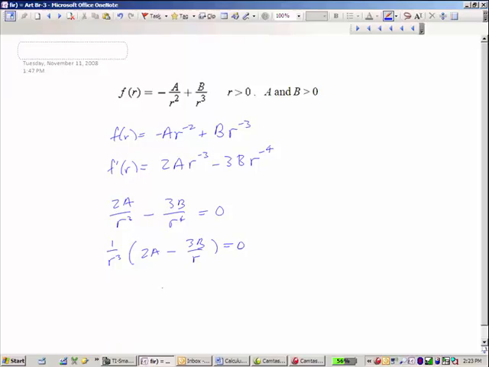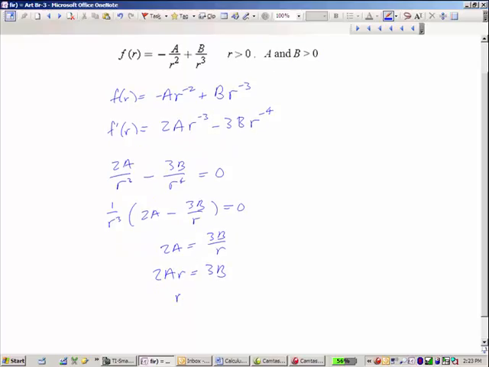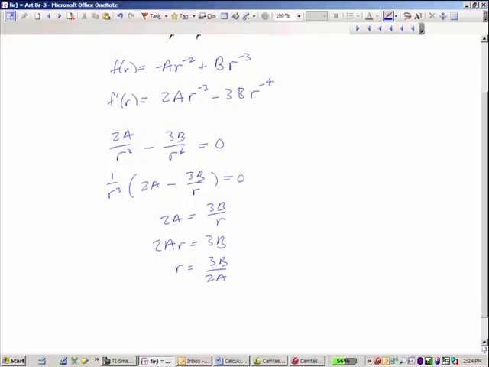So 2a equals 3b over r. 2ar equals 3b. All right, so r is equal to 3b over 2a. So you could imagine that's a critical point.